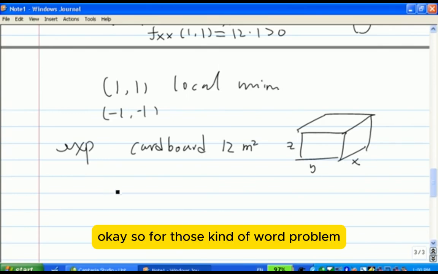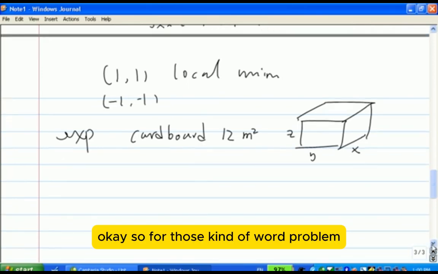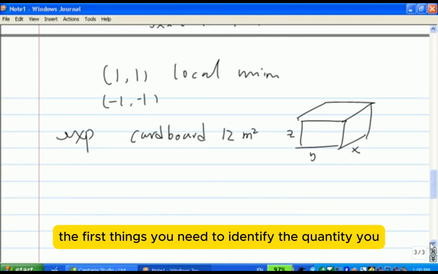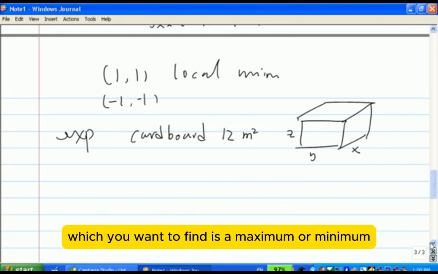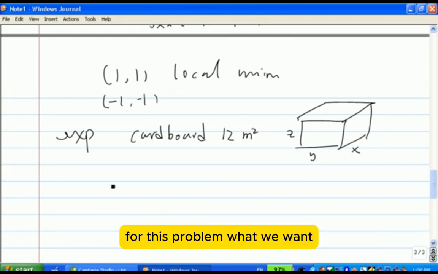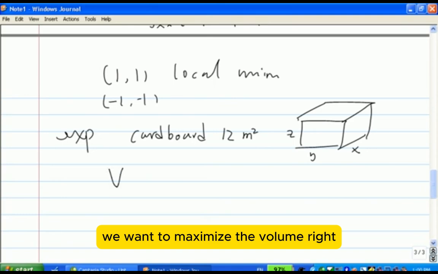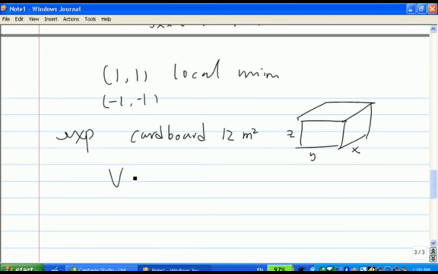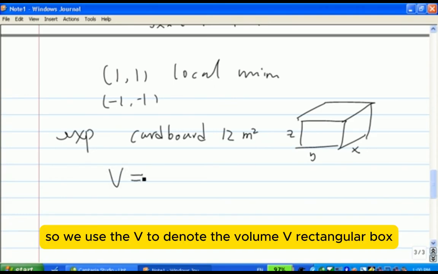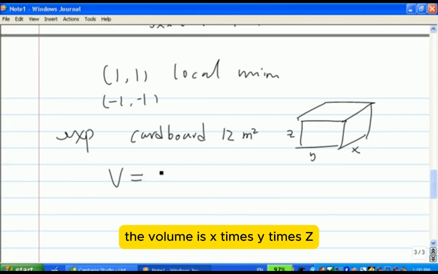Okay, so for those kinds of word problems, the first thing you need to do is identify the quantity which you want to find a maximum or minimum of. For this problem, we want to maximize the volume, right? So we'll use V to denote the volume. For a rectangular box, the volume is x times y times z.